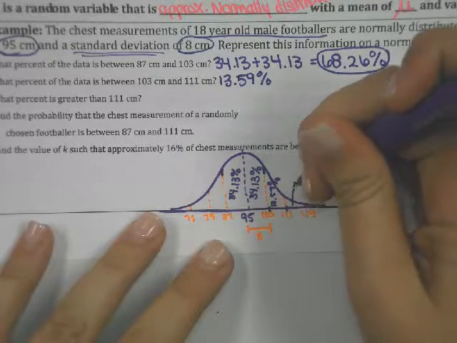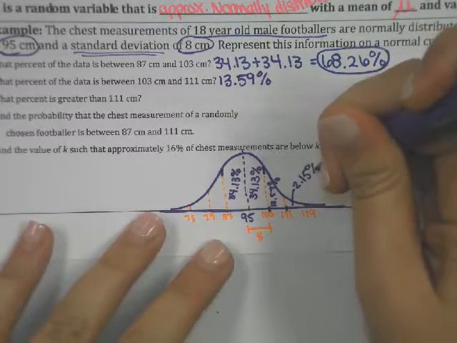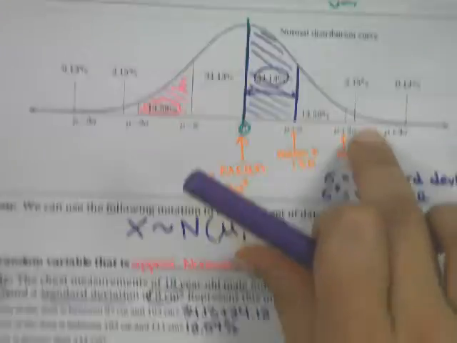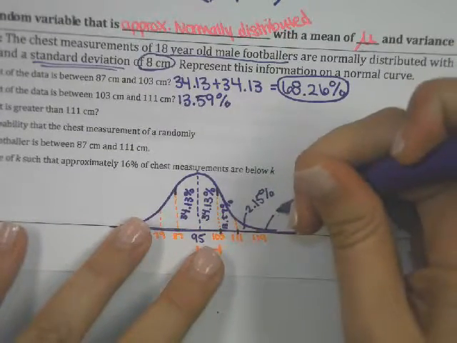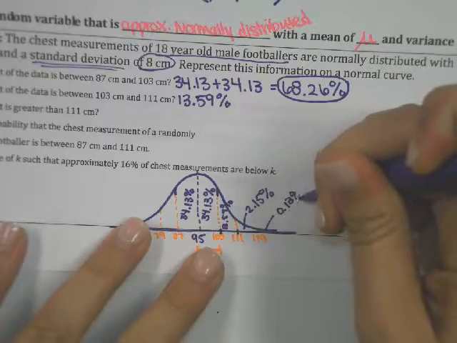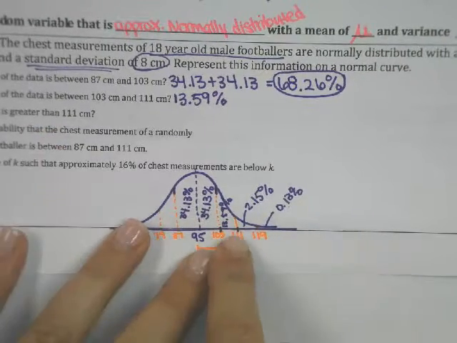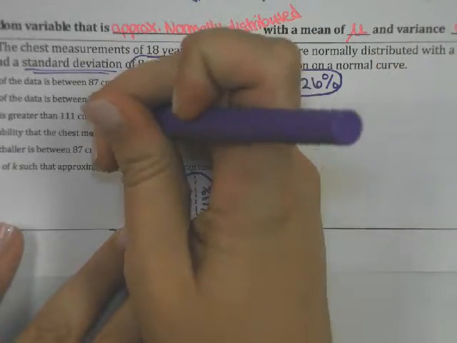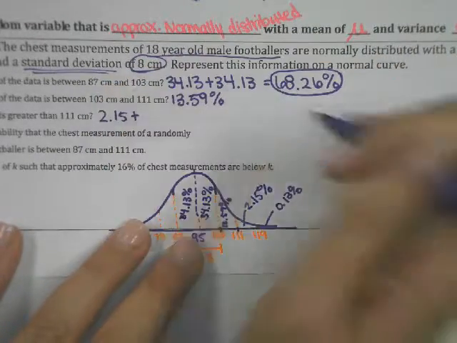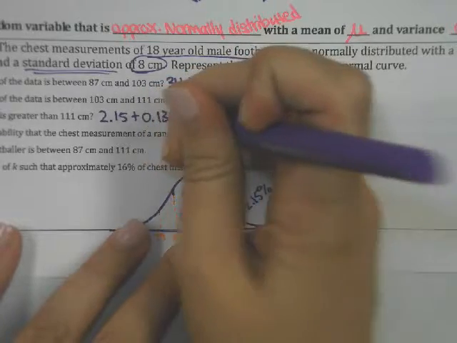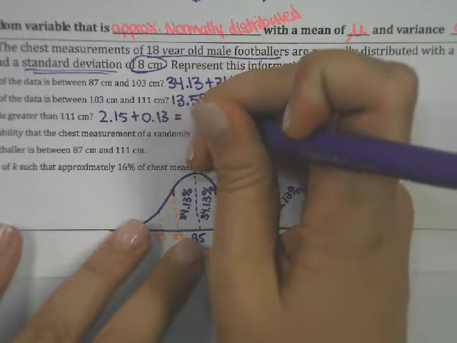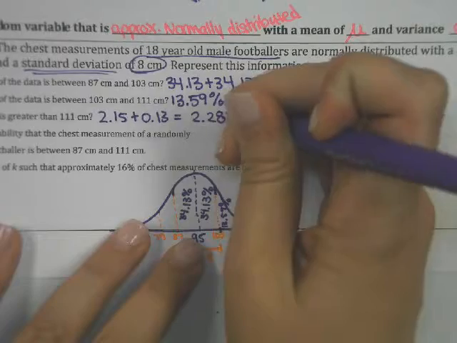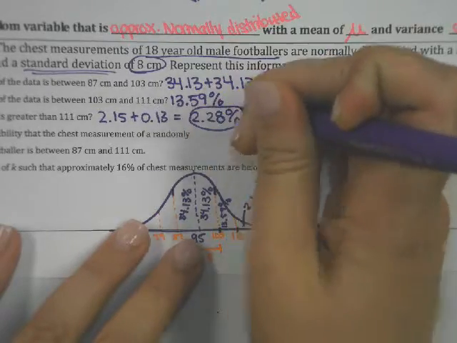Well, we have this section labeled as 2.15% from our graph above. And this little tail is labeled as 0.13%. So greater than 111 would be these two sections here. So we would add 2.15 plus 0.13, which gives us 2.28%.